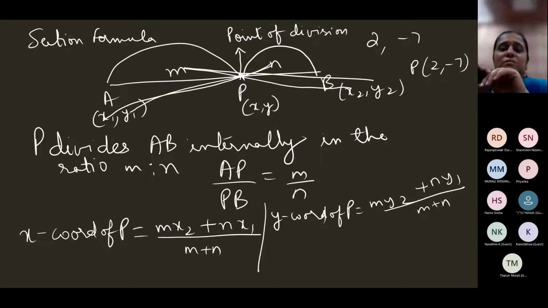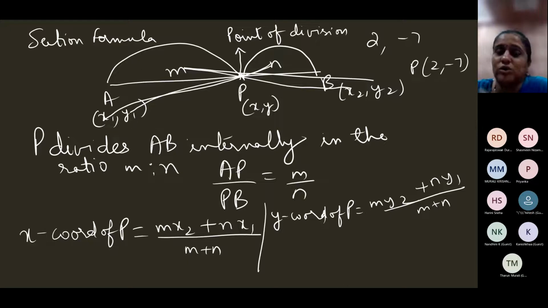So sometimes some information will be given to you, and you will be asked to find the ratio. For that also, you should use the section formula. You cannot use the distance formula. The distance formula is only used to find the length of a line segment, nothing else. You cannot find the x coordinate or the y coordinate using the distance formula.